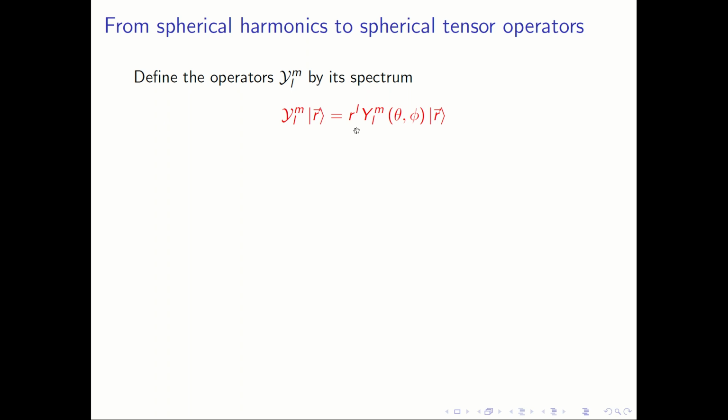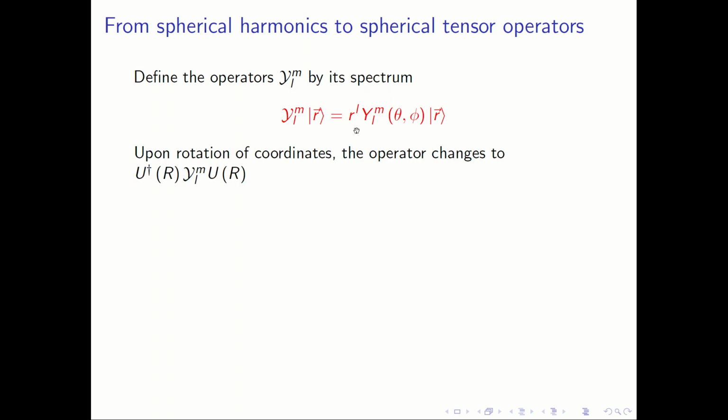You will soon see why it is convenient. So, upon rotation of coordinates, this operator changes to U_R dagger Y_lm U_R, and you expect its eigenvalues to change to r to the l Y tilde_lm(theta, phi).